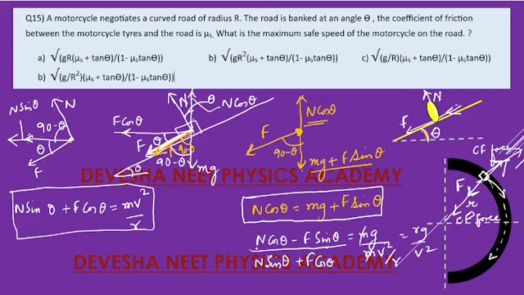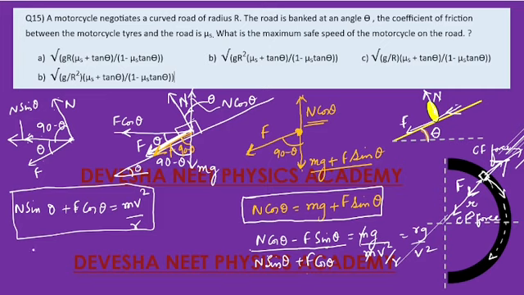So we have n cos theta minus f sin theta. If you look, the answers are all given in terms of tan theta. So we will divide the numerator and the denominator by cos theta so that we get to tan theta.